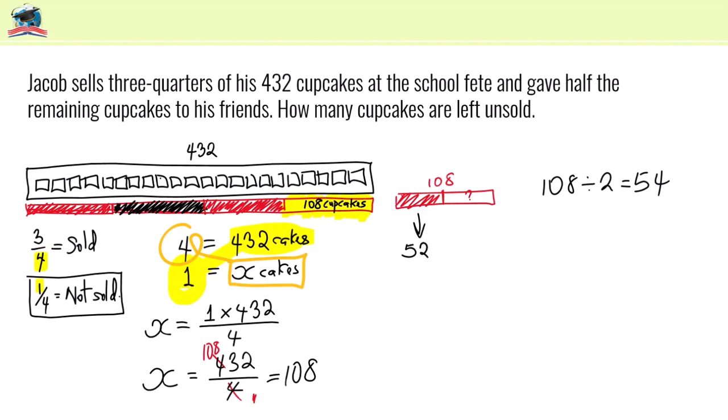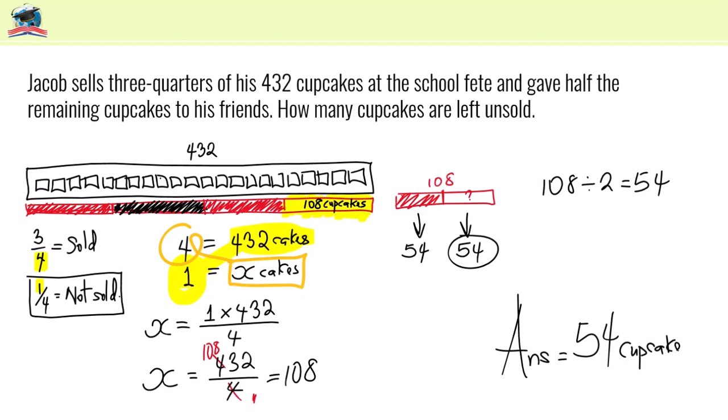And then this one was not given, and that is going to be 54 also. So our answer is going to be this amount here. So our answer is going to be 54 cakes. So our answer is equal to 54 cupcakes. Beautiful.